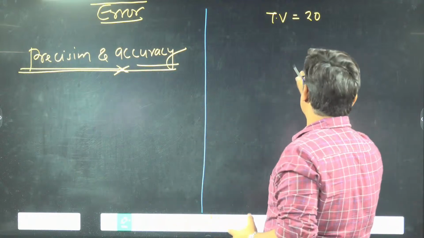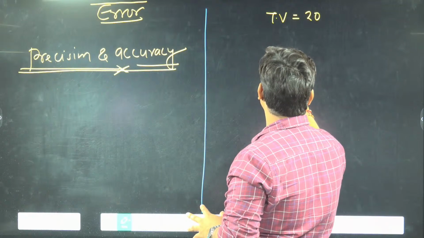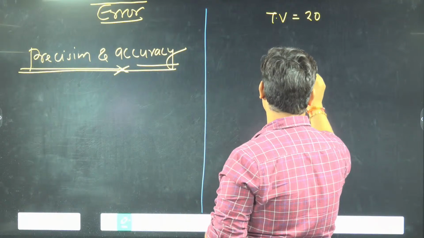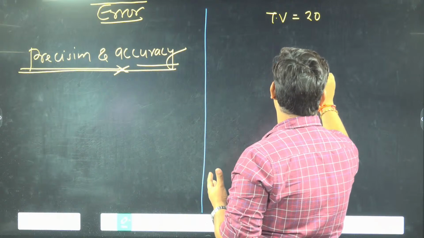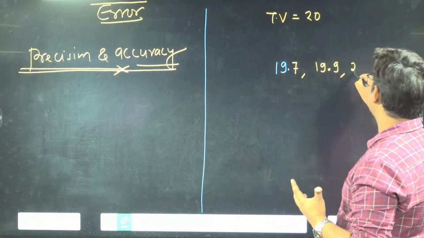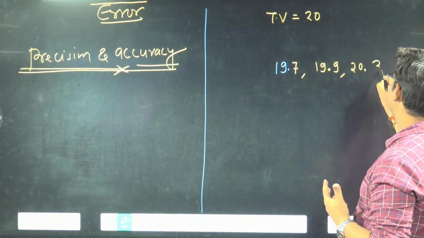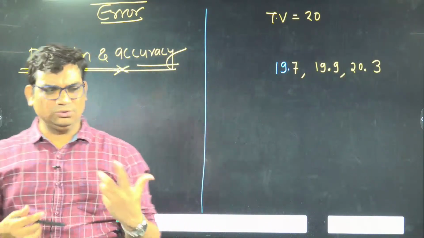So suppose the readings are like this. Student 1 got one reading 19.7. Another reading 19.9. Another 20.3. What do you say, are these readings close to the true value or not?